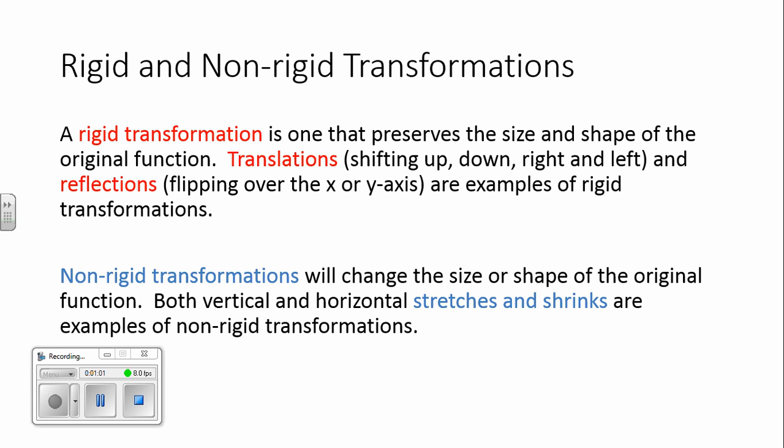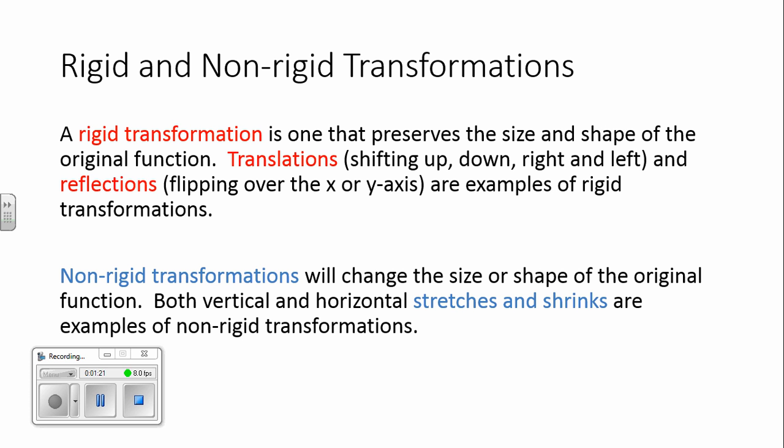Okay. A couple words, maybe just to make you think about these translations and transformations a little bit differently. We're talking about whether they're rigid or not. So a rigid transformation is any of them that basically preserve both the size and the shape of the original function.